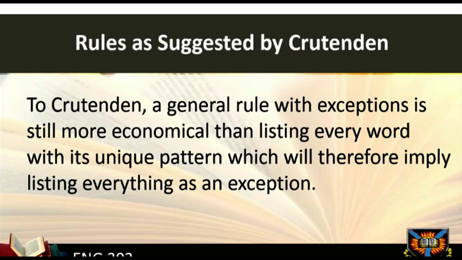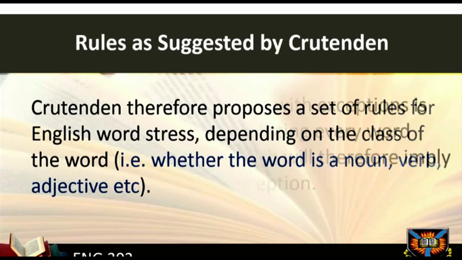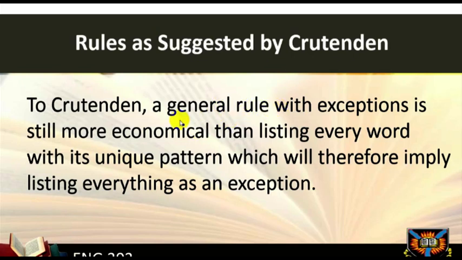These rules, which may have many exceptions, still prove a better option than not having rules at all. To Crutenden, a general rule with exceptions is still more economical than listing every word with its unique pattern, which will therefore imply listing everything as exception.